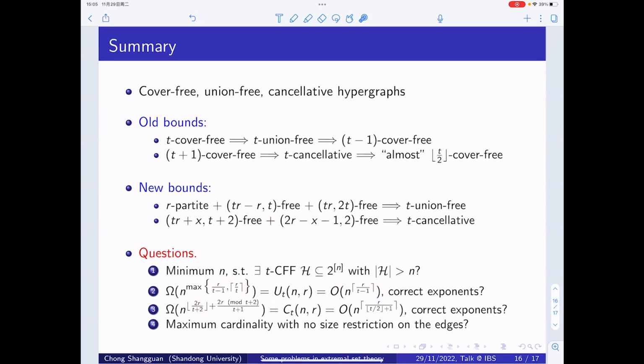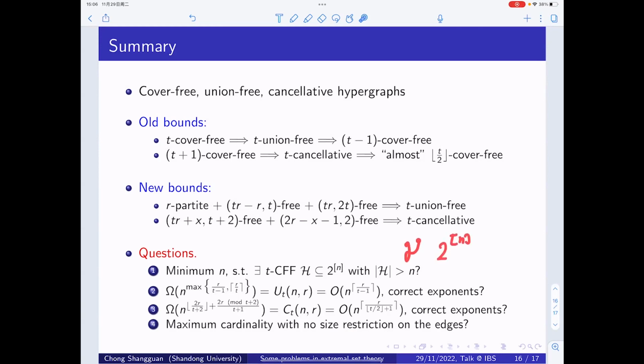And lastly, we want to study the maximum cardinality of cover-free, union-free, and cancellative hypergraphs with no size restriction on the edges. So basically, we want to know the largest cardinality of a t-cover-free family in the power set of [n].